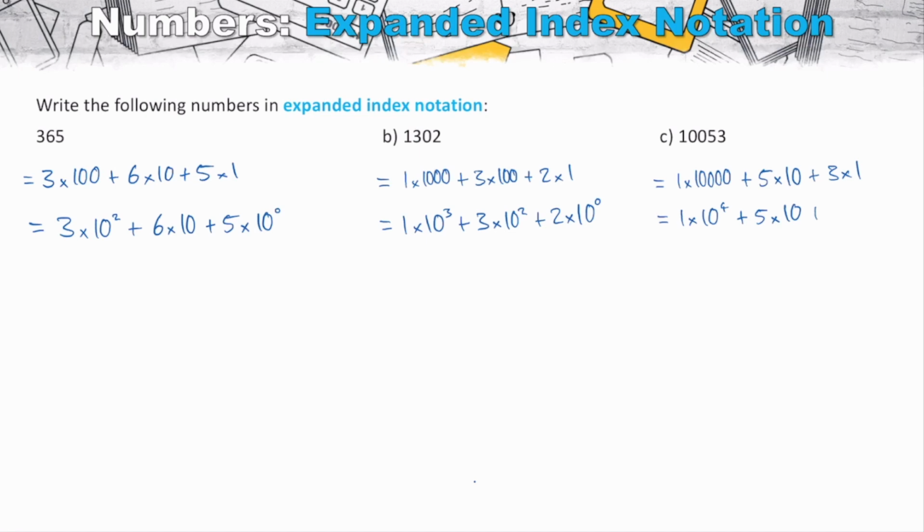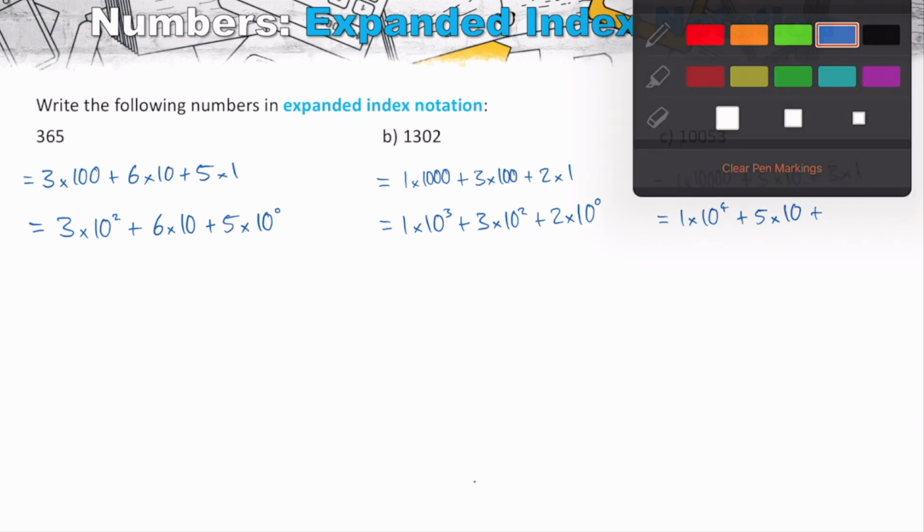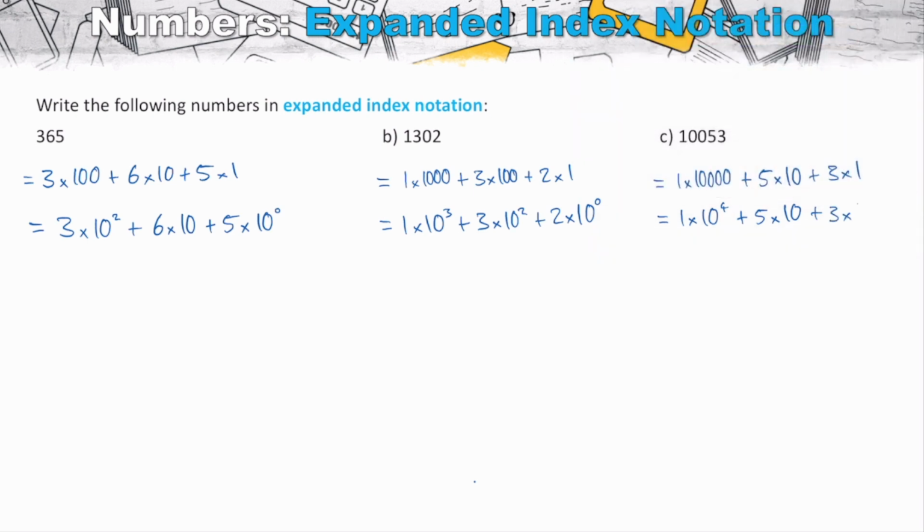Then our units is 10 to the power of 0, so plus 3 times 10 to the power of 0. And essentially that's how we can use index notation, in terms of using the powers of 10, to break numbers down into expanded notation, or expanded index notation as a whole.